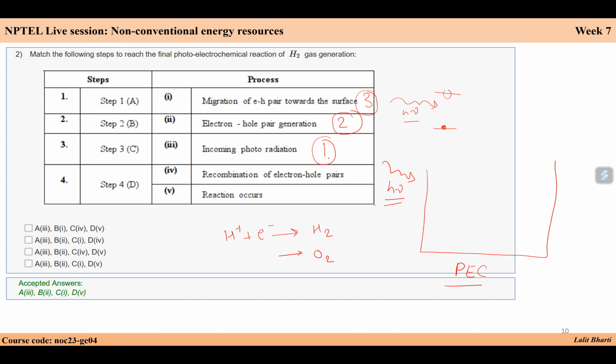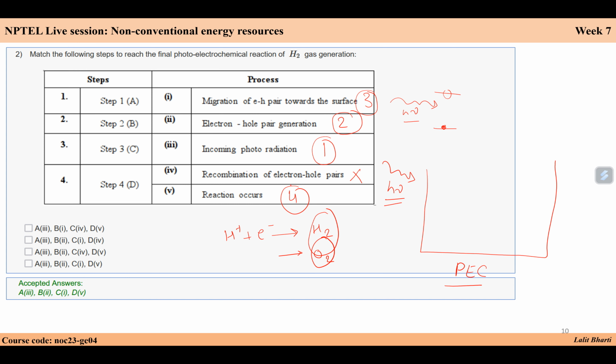This is the third. Then the fourth option, recombination of electron hole pairs, is not part of H2 generation. We have to minimize the recombination of electron hole pairs to get higher efficiencies. And at the end, if we have H2 and O2, we can say that our reaction is complete. So the reaction will occur.